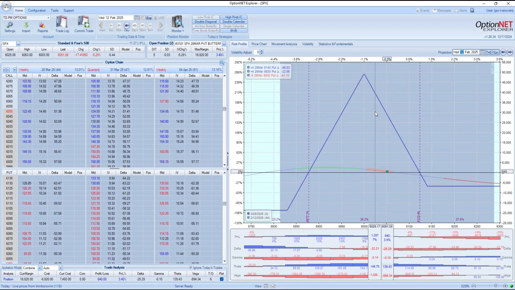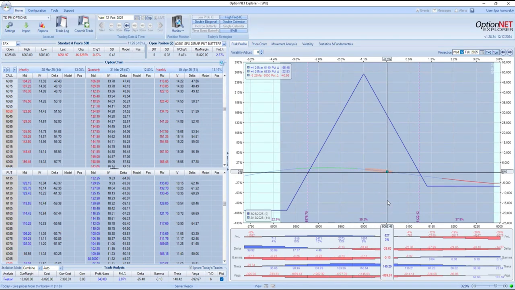How do we figure out when we reach a 5% gain? Well, other than just looking at the P&L, and this software will tell you what current P&L represents in terms of our margin requirement in this trade.